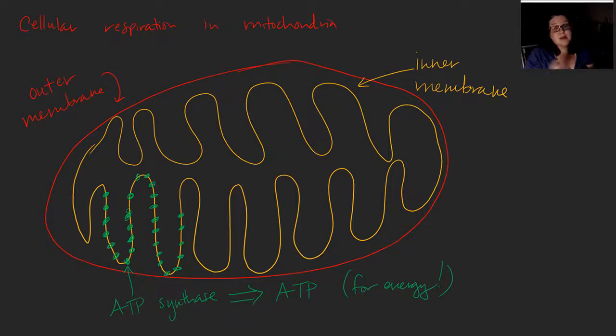So our cells are specialized, and mitochondria are specialized for this. The reason they have this inner membrane that's so folded is so that they can fit more ATP synthase on it. It's very highly folded. It increases the surface area so that we can fit a ton of this energy producing enzyme in there. So, fun fact of the day.